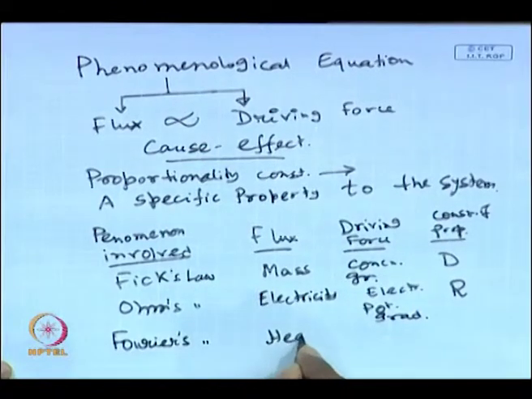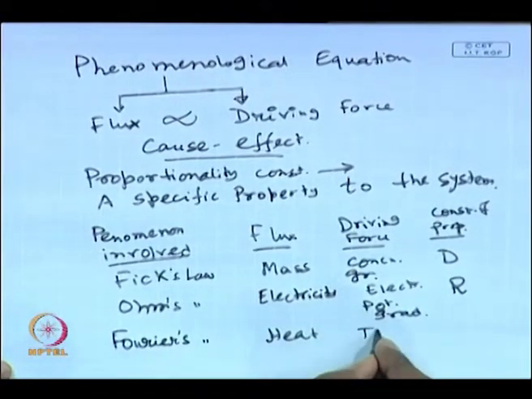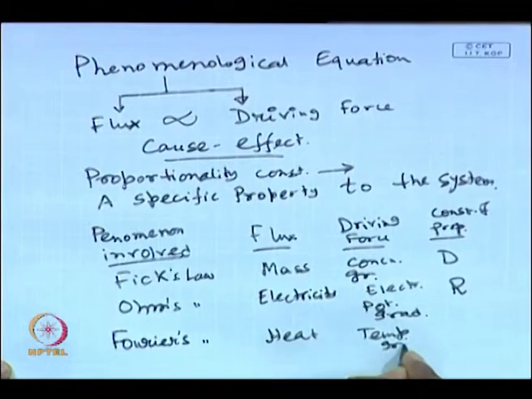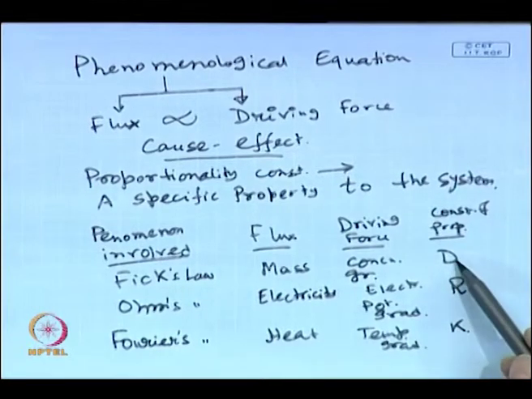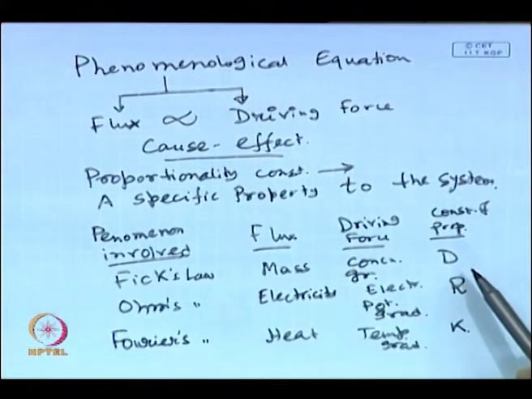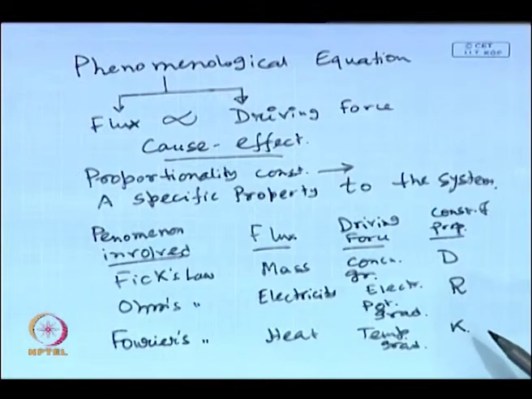The flux is heat flux, driving force is temperature gradient, and constant of proportionality is thermal conductivity. Now, the proportionality constant becomes the constant property of a particular system: diffusivity, resistivity, and thermal conductivity.